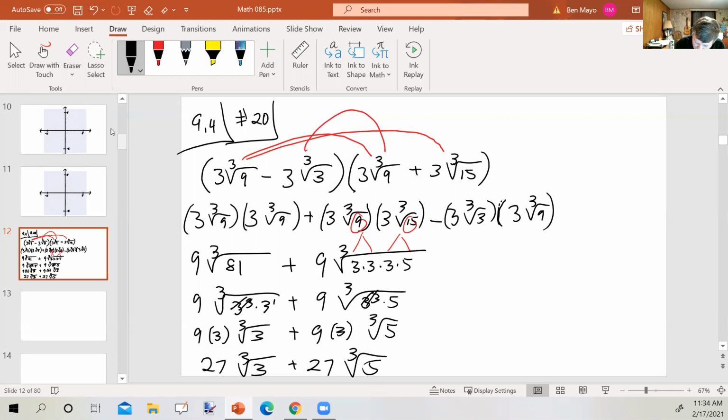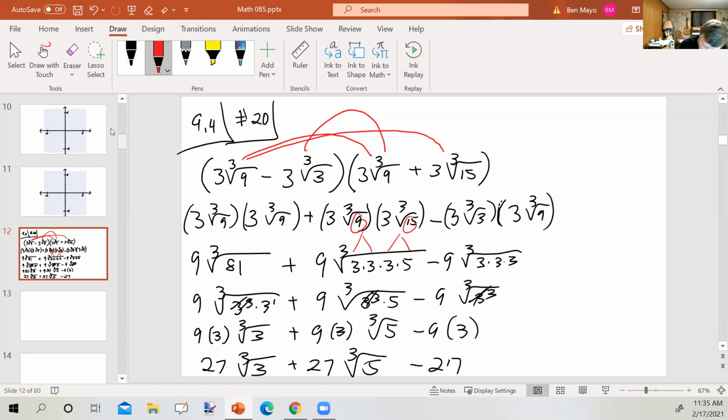So that's going to be minus 9 cube roots of 3 times a 9, which would be 3 times 3. So that would be minus 9 cube roots of 3 cubed, which would be minus 9 times 3, which would be minus 27. Any questions there?